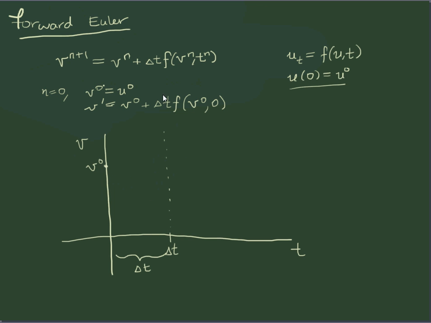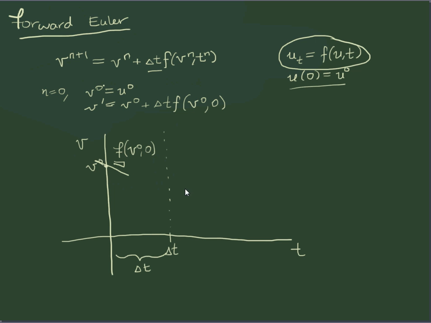Well, you can see here that f tells us the time derivative of the solution. So if I take the time derivative and multiply it by delta t, then I move delta t in the direction of that slope. So f of u and t is the gradient, or the time derivative, at this point. So let's suppose, for example, that this line has a slope f of v0 and 0.